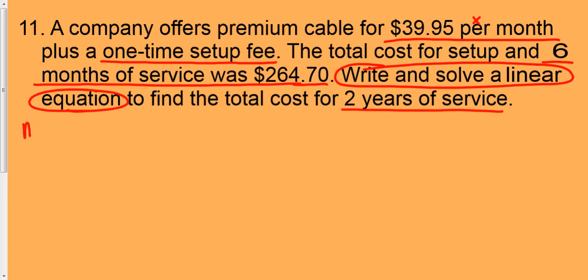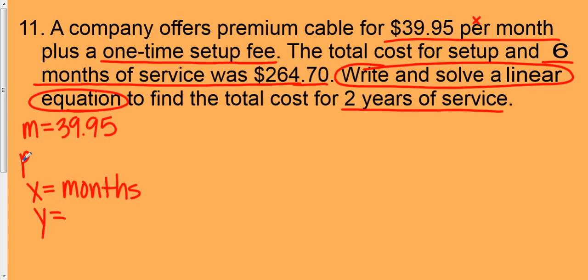So I can go ahead and start with my slope, 39.95. Again, I know that's my slope. It talked about per month. And when we're talking about that ratio, the money amount per month, we know x will be our months.